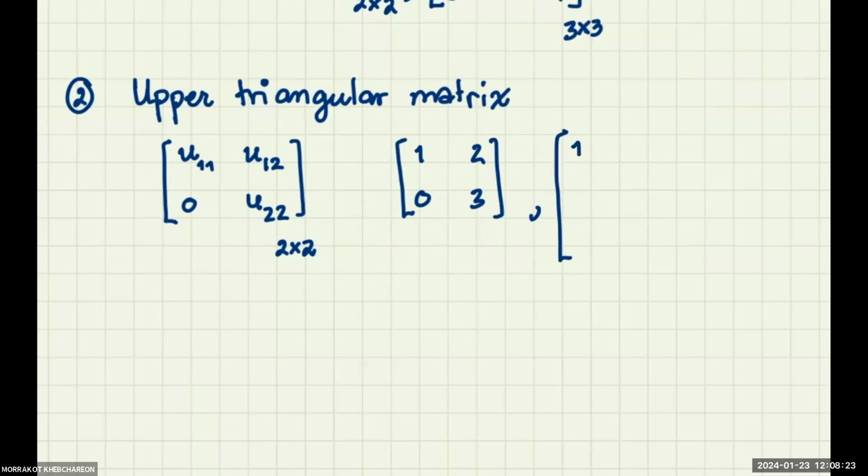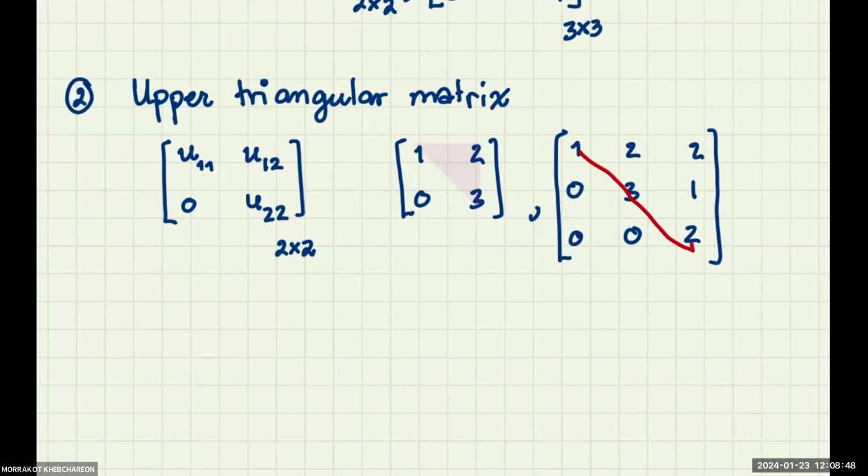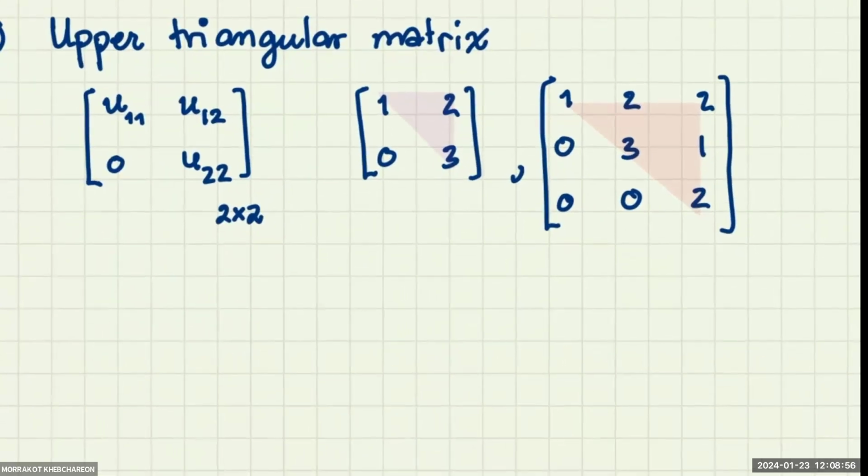For 3 by 3, 1, 2, 2, 0, 3, 1, 0, 0, 2. Something like this. Okay, you can see this is called the upper triangular matrix.